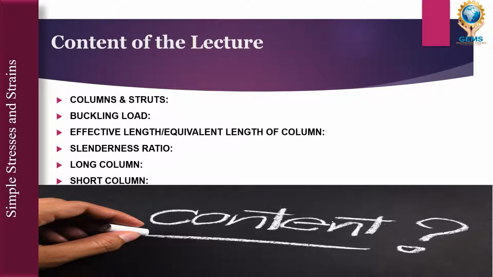In other words, we have to know what is column and strut, what is buckling load, what is effective length, which is also known as equivalent length of column. Then we have to see what is slenderness ratio, what is long column and what is short column. Throughout this lecture, we will see all these topics, understand?